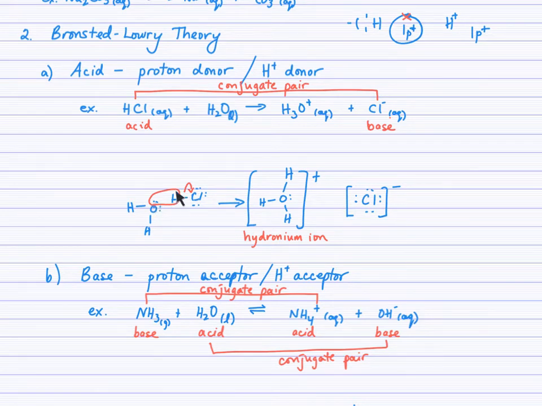Oh, the lone pair is grabbing this proton. So isn't this water acting as a proton acceptor? Sure it is. It's acting as a Bronsted-Lowry base. So when water accepts a proton, it forms the hydronium ion, and so here is our second conjugate pair in this reaction.